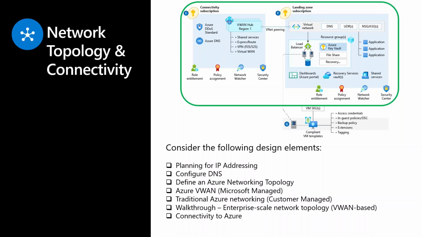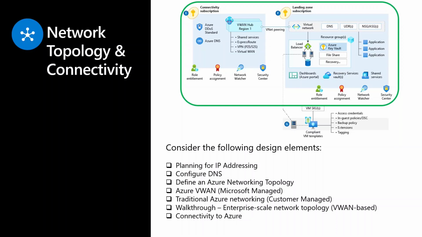But both options are valid, and both have their own pros and cons. The idea is that we have enough design considerations and recommendations for customers to choose between the virtual WAN approach, the Microsoft managed approach, and the customer managed traditional hub and spoke approach.